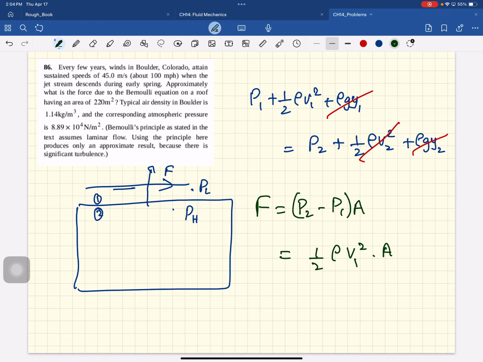All right, so the density of air is 1.3 kgs per meter cube. All right, they give you 1.14, so we'll use that value. Did you have a question? Okay.